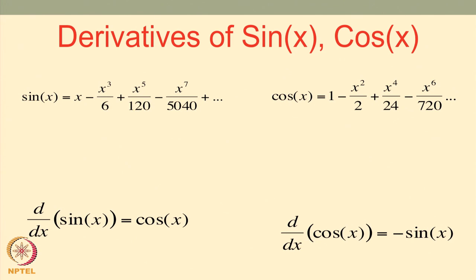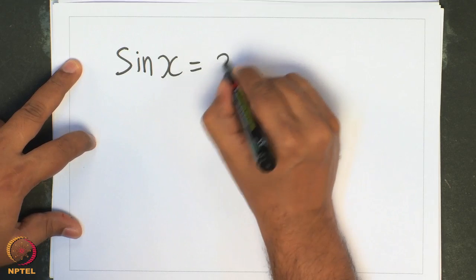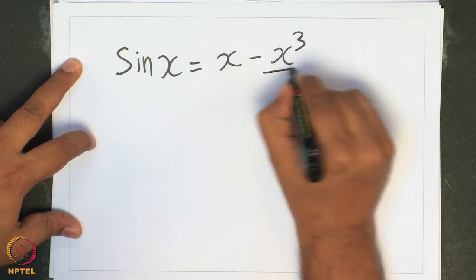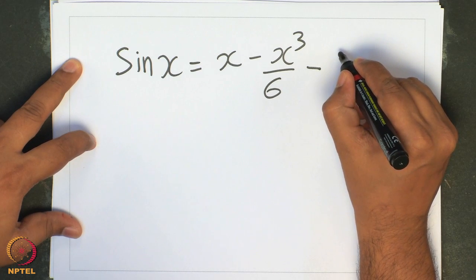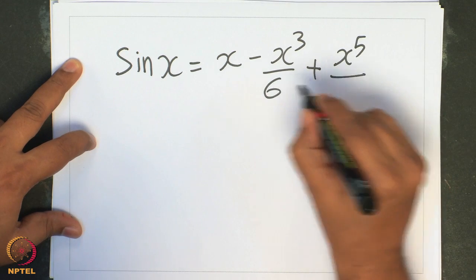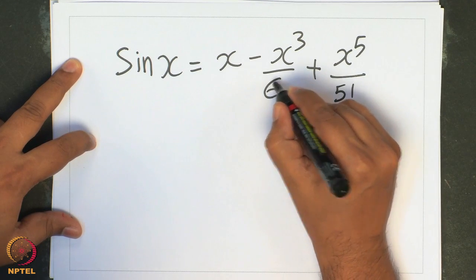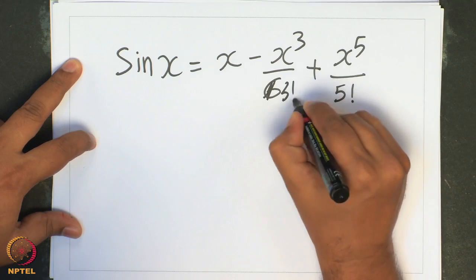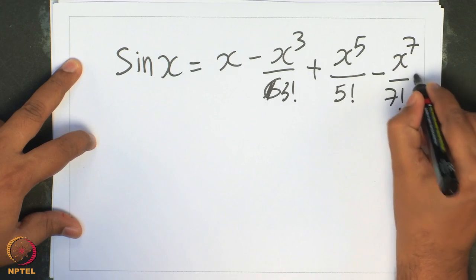So, like we mentioned in the last lecture, the function sin x can be written as x minus x cube divided by 3 factorial, plus x power 5 divided by 5 factorial, minus x power 7 by 7 factorial, and so on and so forth.